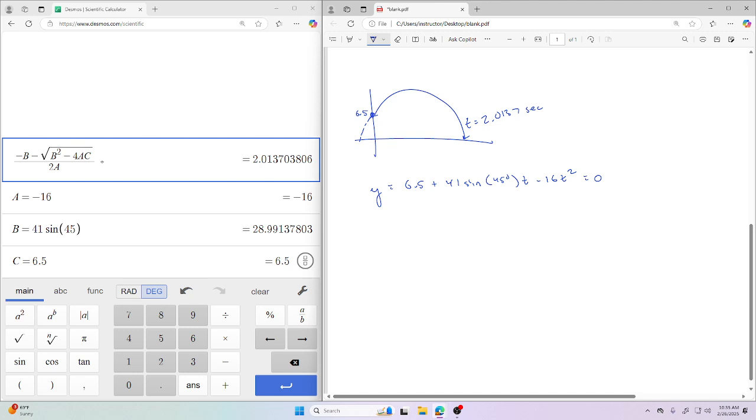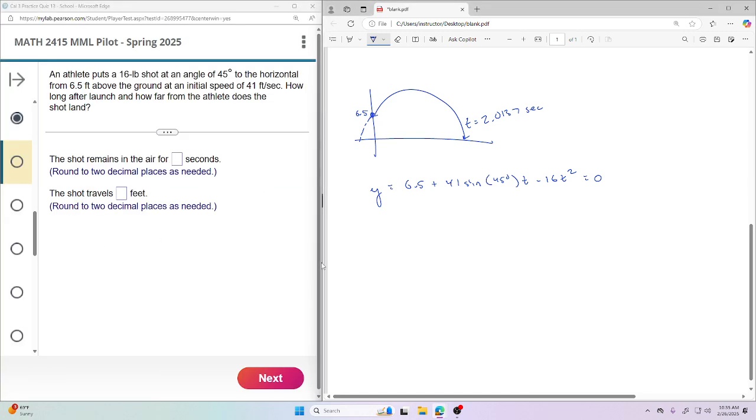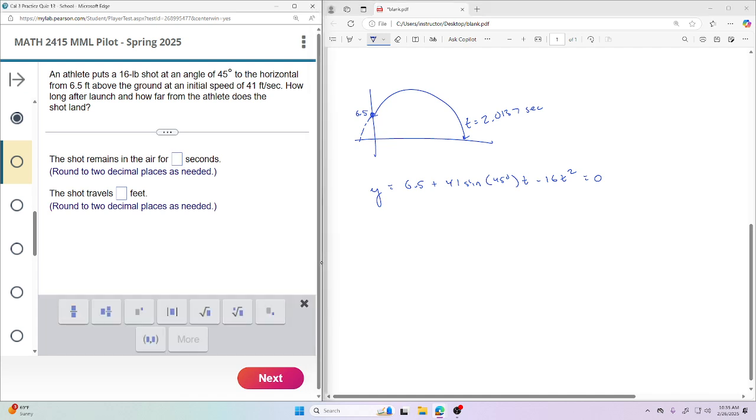This is easier. Now that we got that, I'm just going to look at what they ask for. So they say it remains in the air for, okay, cool, 2.0137. And then it travels, and I'm guessing that's x. So then we start at 0, 41 cosine of the 45t, and there's nothing else going on, so I guess that's it.